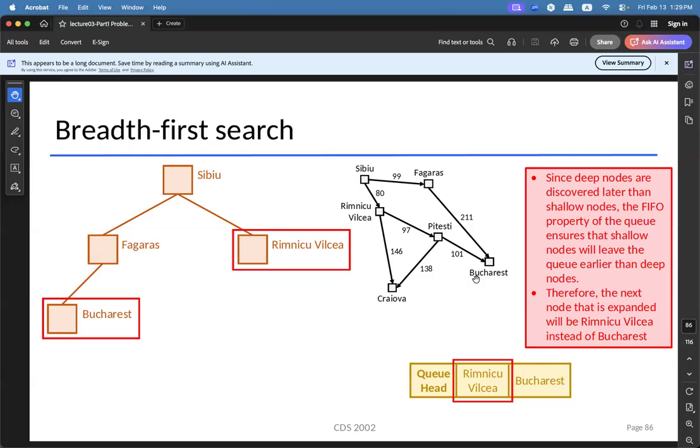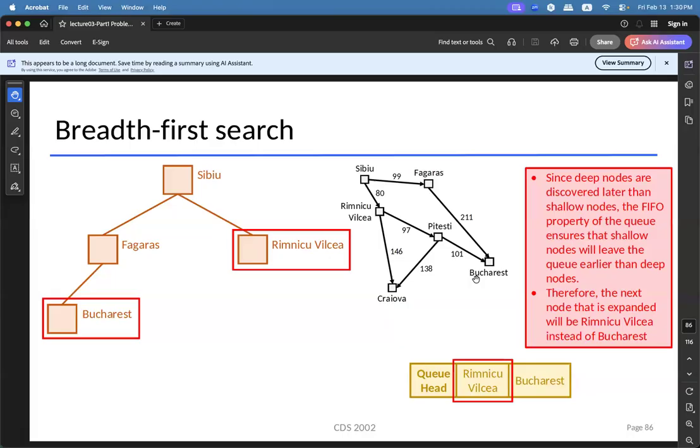The reason is that the search tree actually grows from the top to the bottom. Each time we add a node to the search tree, we are not adding it at the top, but at the bottom, at the leaf of the search tree. So a node with a higher depth will appear later than a node with a smaller depth.